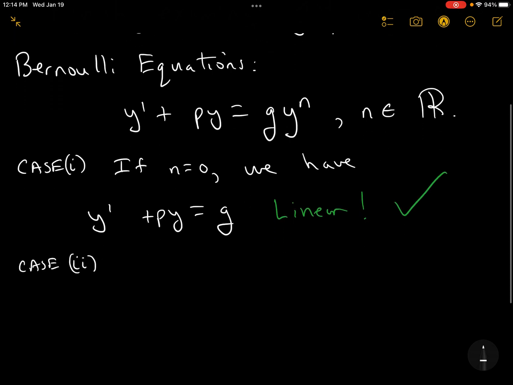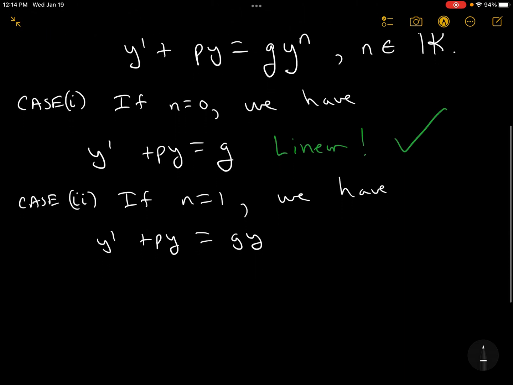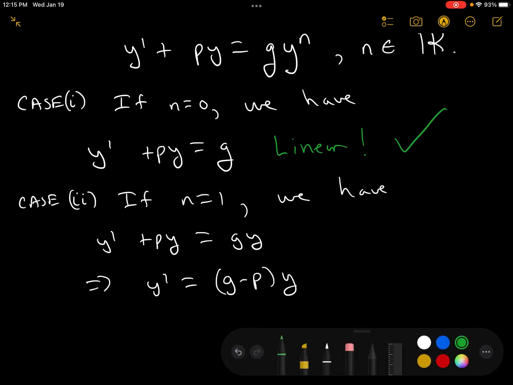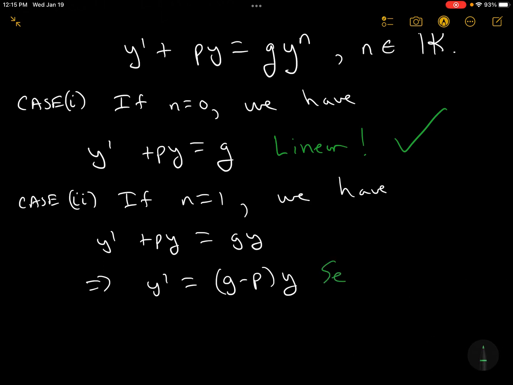Case 2, that's where n is 1, okay? And if n is 1, we have y prime plus p y equals g y. If you rewrite it, you get y prime equals g minus p y, and lo and behold, this is separable, so we know how to solve it.